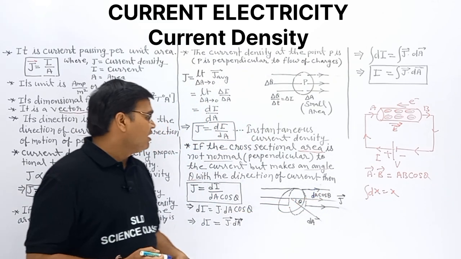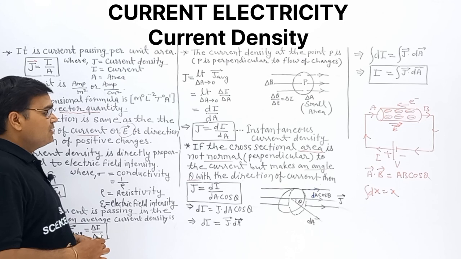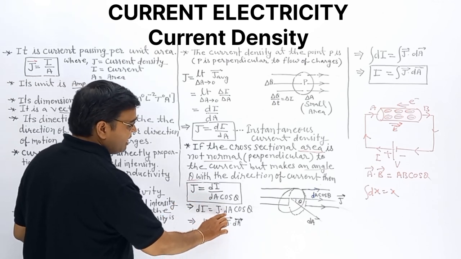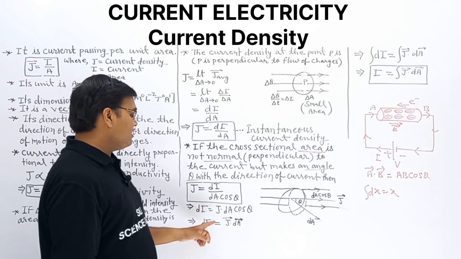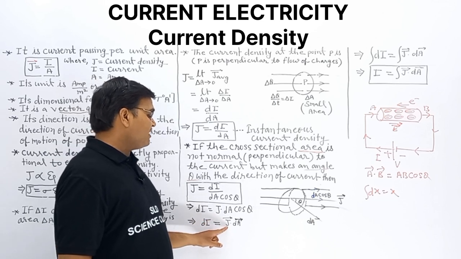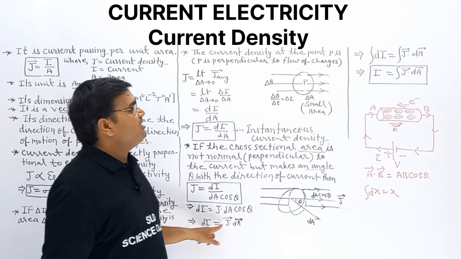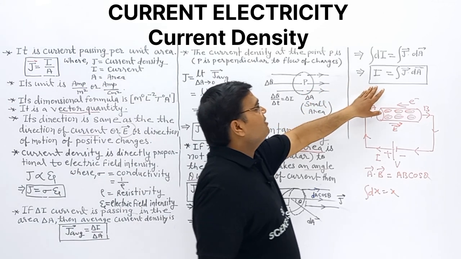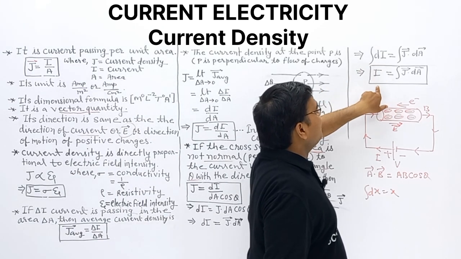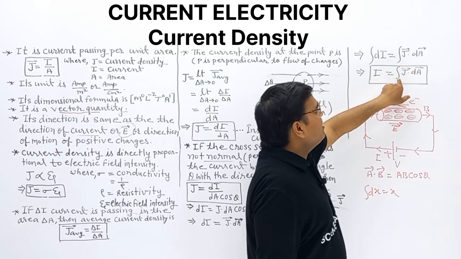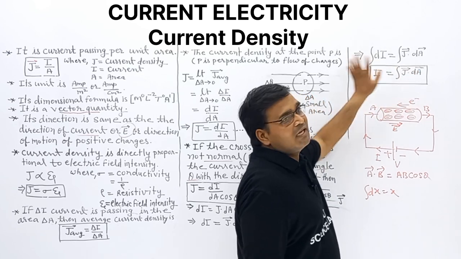Then we cross multiply and get dI equal to J dA cos theta, which is the dot product of current density and cross sectional area. Clear? Once we integrate both sides, the integration of dI is current, and the cross sectional area integration of current density is current.